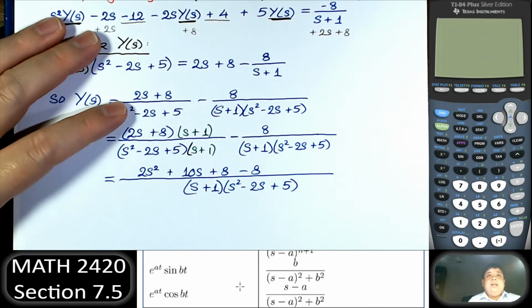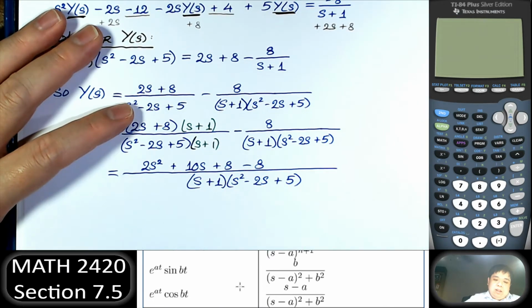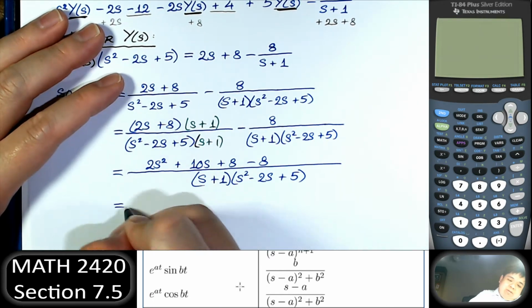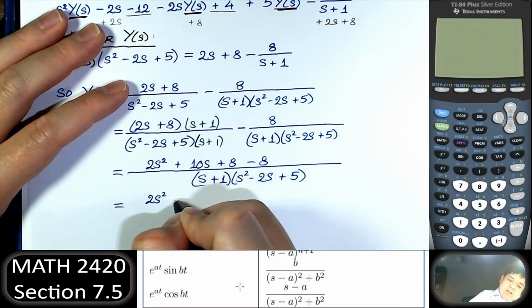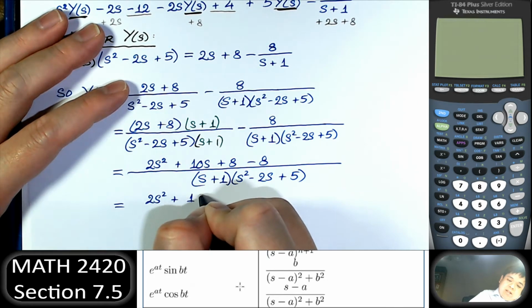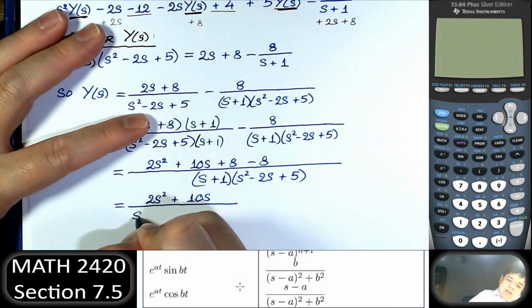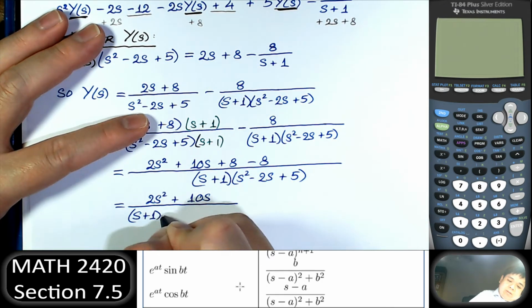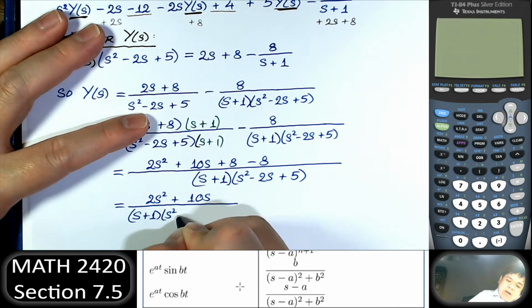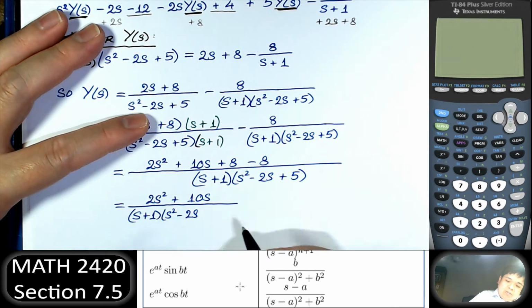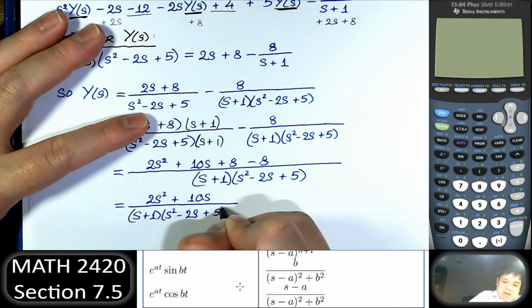Well, of course, the 8 and 8 cancel out, so we have 2s squared plus 10s over this s squared minus 2s plus 5. Right.